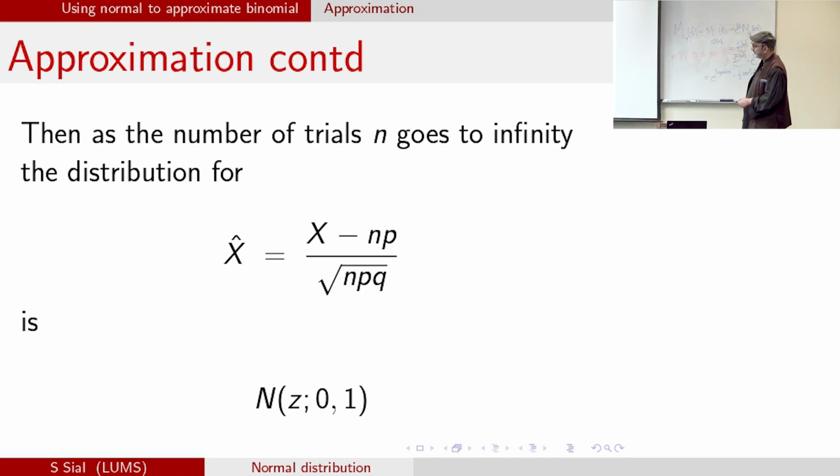Mu for binomial is np, and sigma for binomial is root npq. So this is the standardized variable. And if we let the number of trials go to infinity, in the limit as n goes to infinity, this standardized X becomes the standard normal.